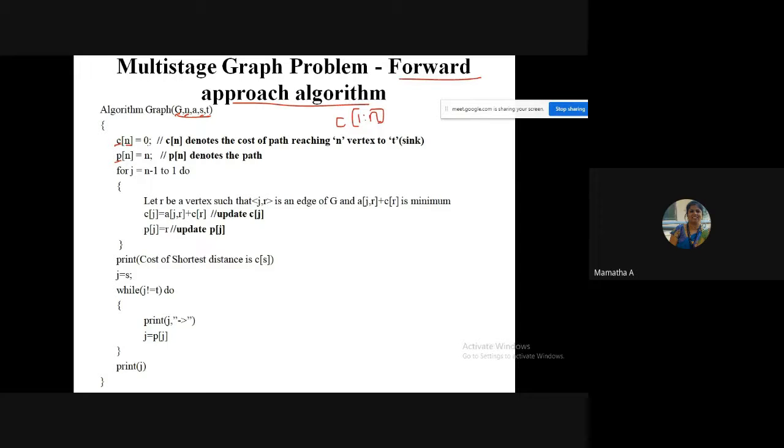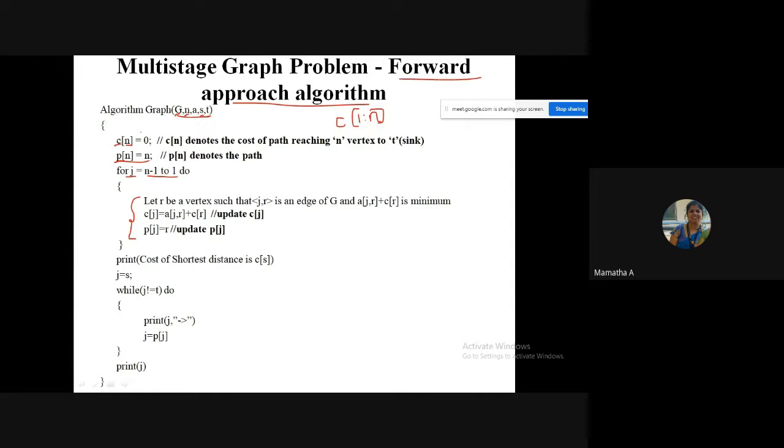Then P holds the path and also initialize P of n equals n. Are you understanding? Right? Two initializations you will have to do. After doing these two initializations, you have to repeat some task for a j variable, wherein j ranges from n minus 1 to 1.